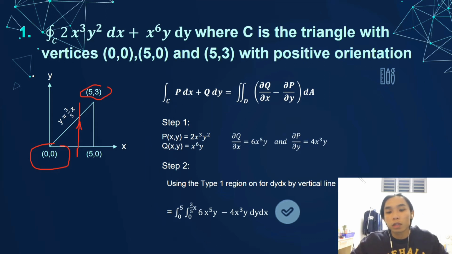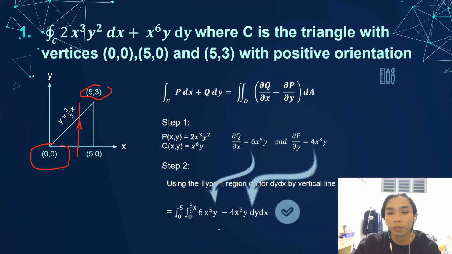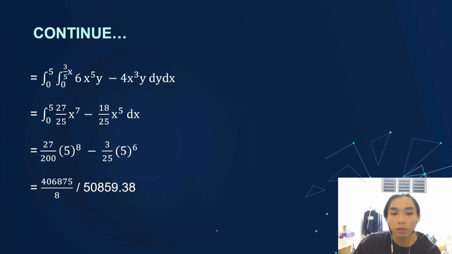And we put step number 1 into the equation of Green's theorem. After that, we calculate the integration, and we get the answer equal to 50859.38. Thank you.